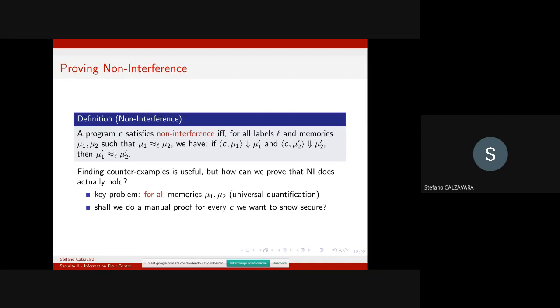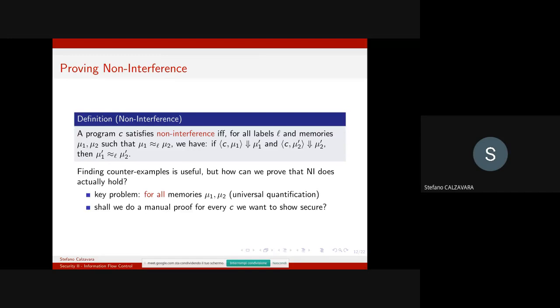As a simple example, let's assume I have a very simple program which says that I pick the variable L and I store inside this variable L the content of the variable L itself. This program is trivially secure because there is no computation over private variables. But this is a manual argument, right? So I inspected this program and I told you that this program is secure because some condition holds.